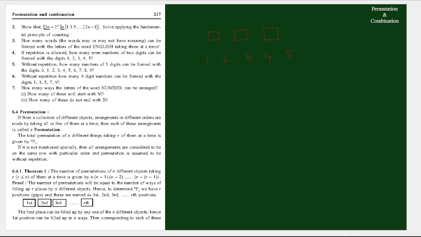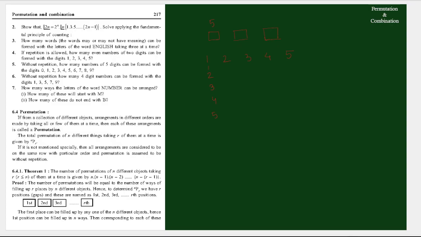In the first place, the first digit can take how many options? 1, 2, 3, 4, 5. First you can put 1, you can put 2, 3, 4, or 5. So you have 5 options, using all 5 digits.